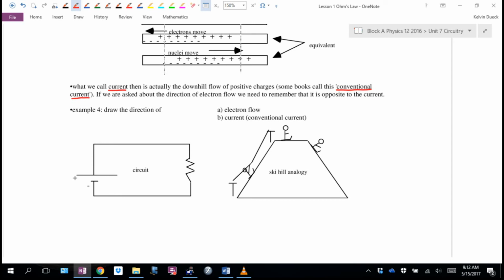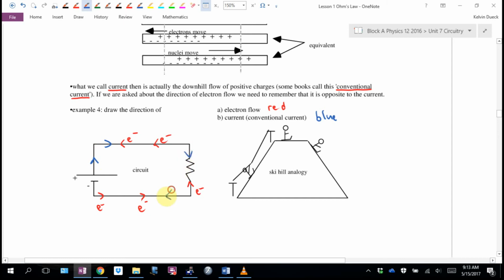So example 4 says, draw the direction of electron flow. I'll do that in red. Electrons would flow that way, which is yucky. Current, I'll do in blue, is defined as from the positive.